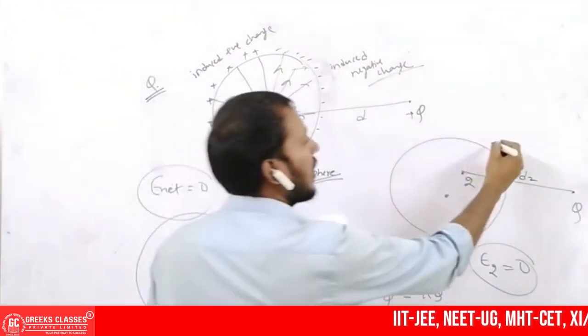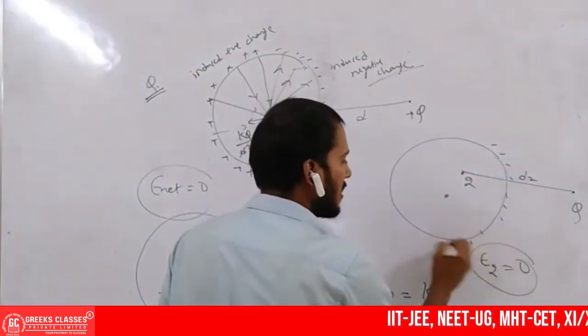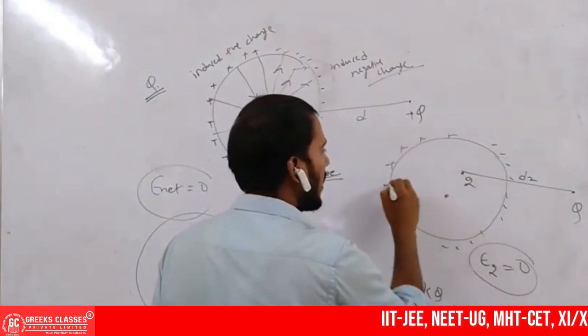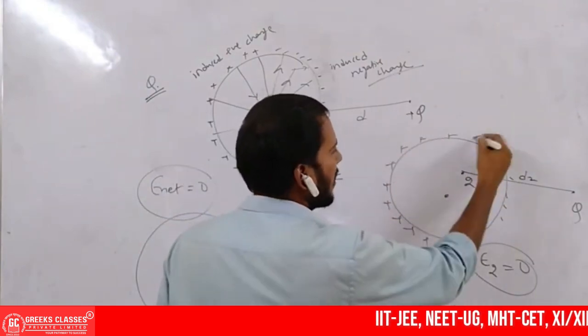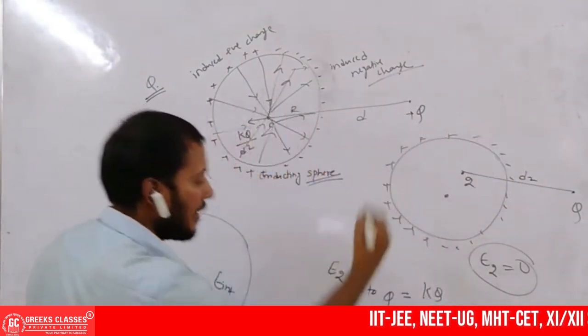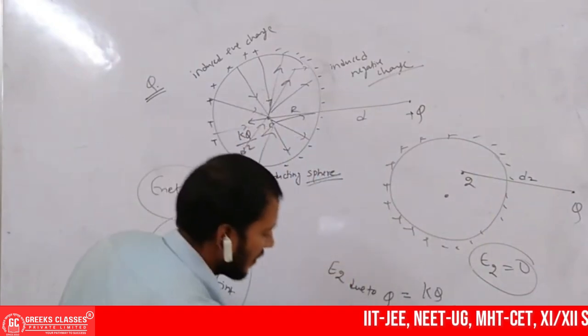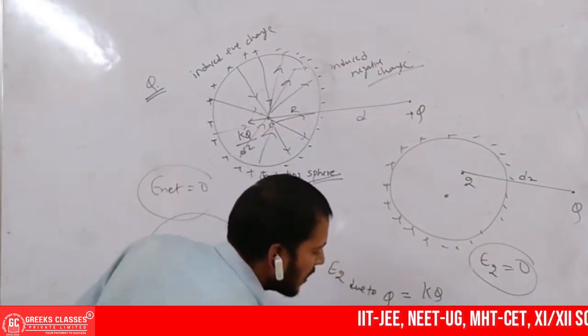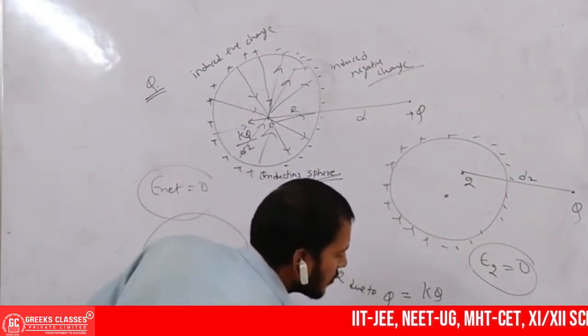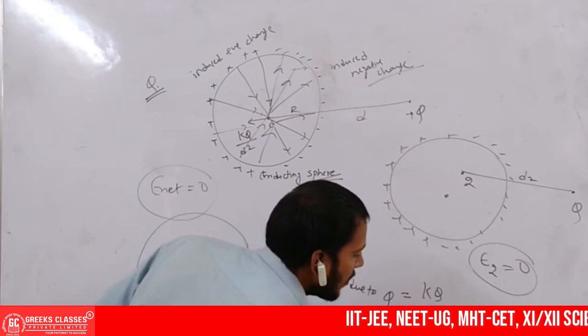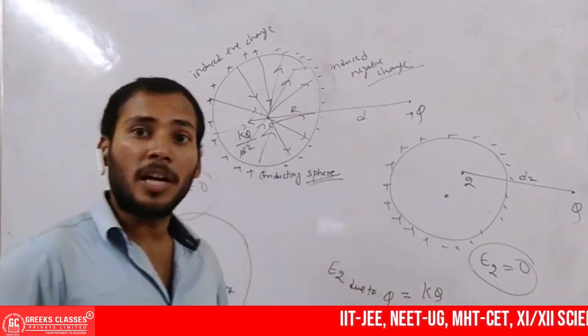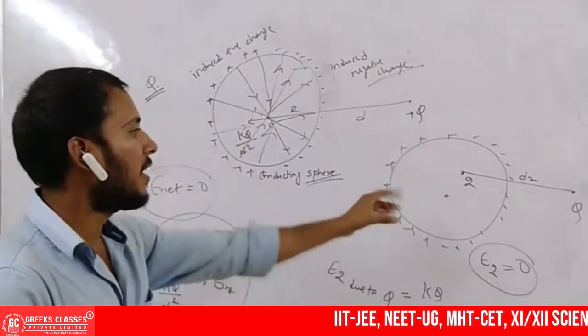Now, negative and positive charge is getting induced on this sphere. Why? To maintain the net electric field 0 in the conductor. So what will be the electric field at point 2 due to induced charge? Very simple.